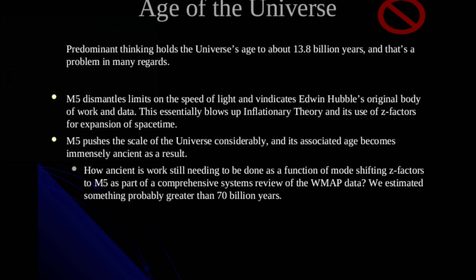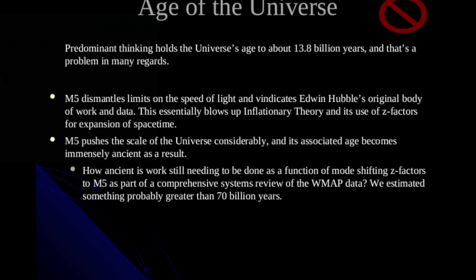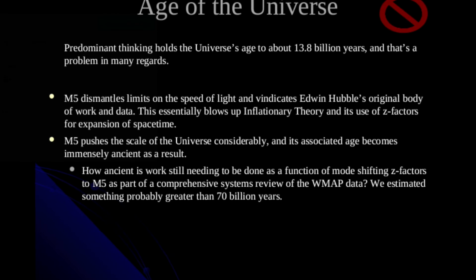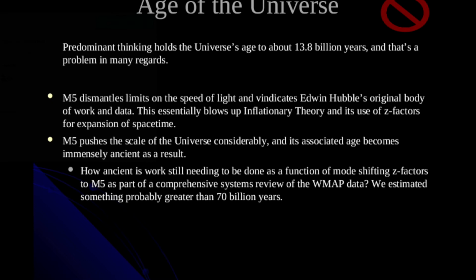But we need a comprehensive systems review on all the Z factors, as they've been applied historically, and galactic acceleration, etc. And when we do that, then we can come up on a cleaner estimated or anticipated age of the universe when we mode shift that back and forth.